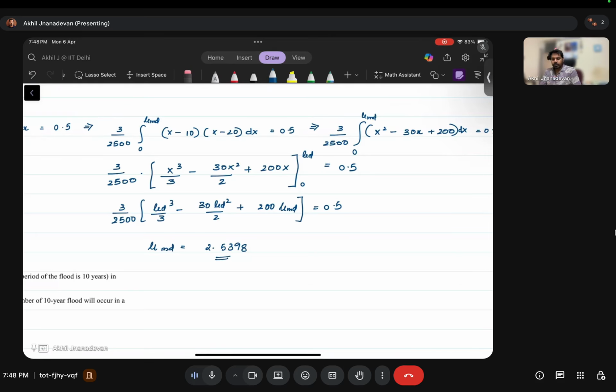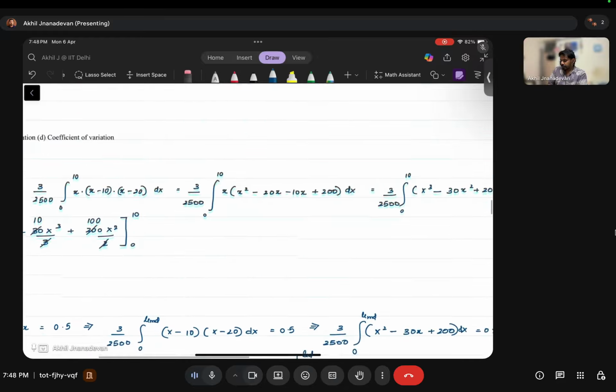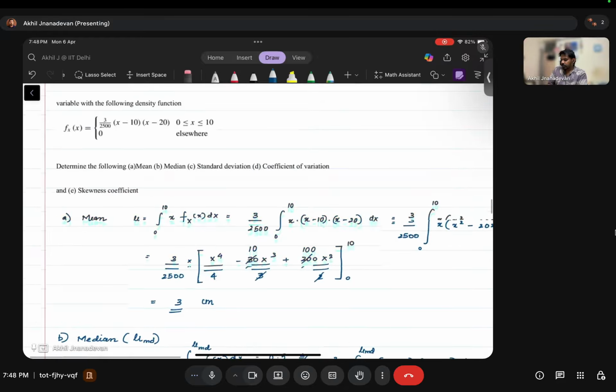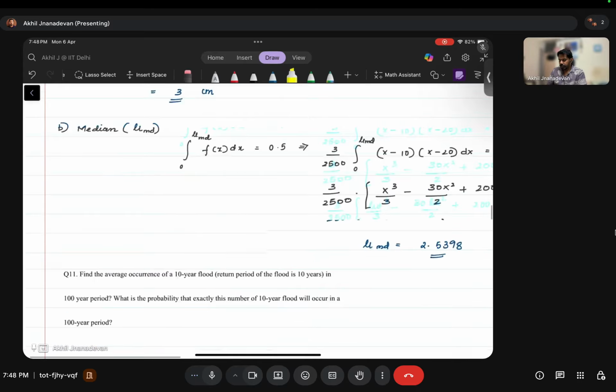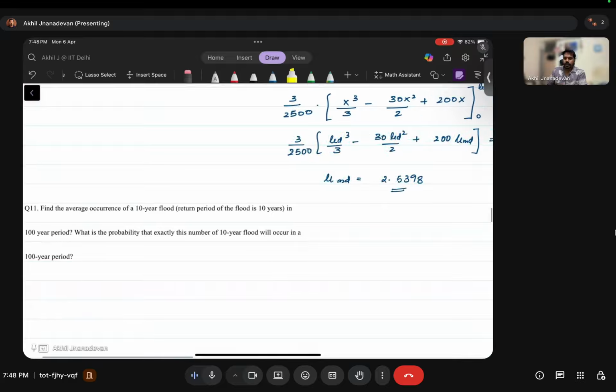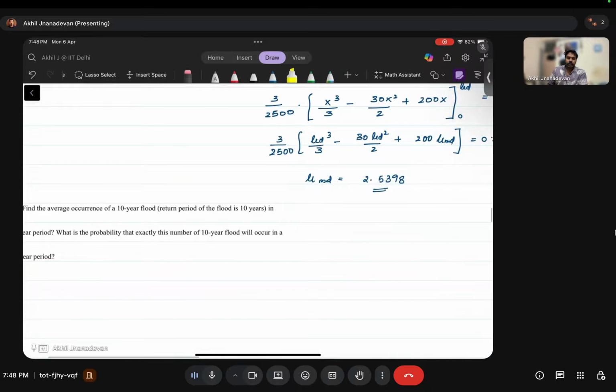Along with this, there will be another two solutions because it is a cubic equation, right? So we will be selecting that which lies in our range of x. So our range of x is between 0 and 10, so our median should also be between 0 and 10. With that criteria, we'll be eliminating other two solutions and selecting this particular solution.